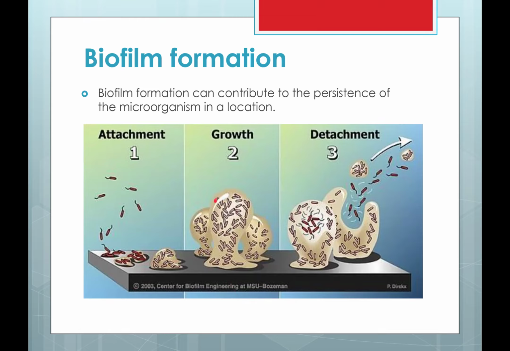This is slimy, and it protects the bacteria so that it can persist and move to another location. When there is detachment, that's the third stage, this releases the bacteria and allows it to move to another location.